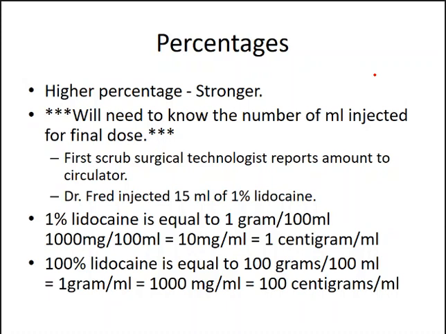When you're injecting local, the doctor's going to want kind of a standard, and for most simple excisions, they're going to inject with a 1% lidocaine. If it's oral surgery, they're going to want a little bit stronger, so they're going to go with the 2%. They're really looking just at the strength, and then they judge how much they need to inject by injecting enough to get localization of that tissue, to get numbness of that tissue, to get to that effective point.